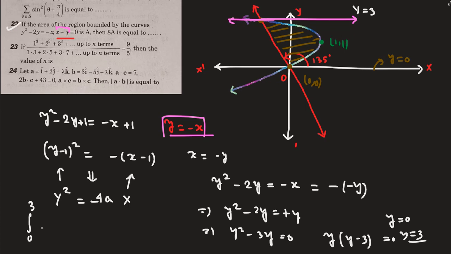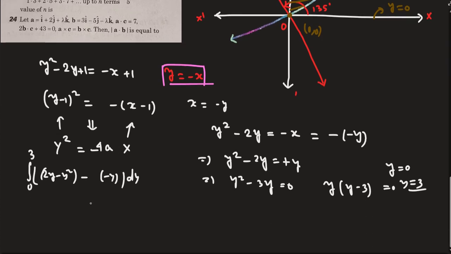So x dy, the value of x is 2y minus y square, and then we have x dy, x is minus y here from the straight line, parabola minus a straight line, then dy. So what we actually have is the integration 0 to 3, 3y minus y square dy.